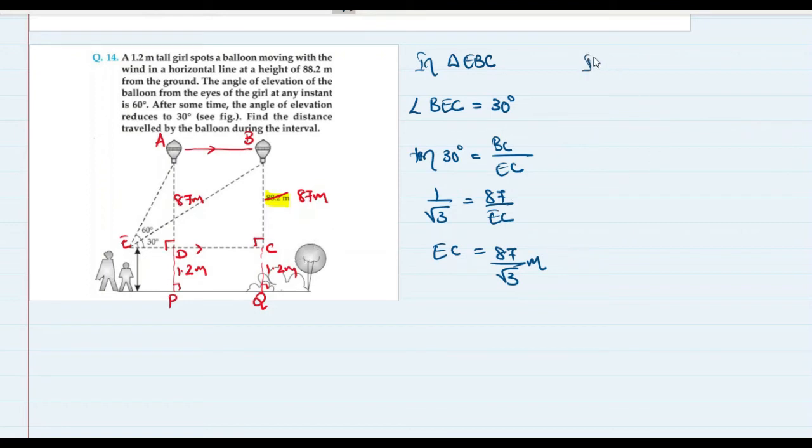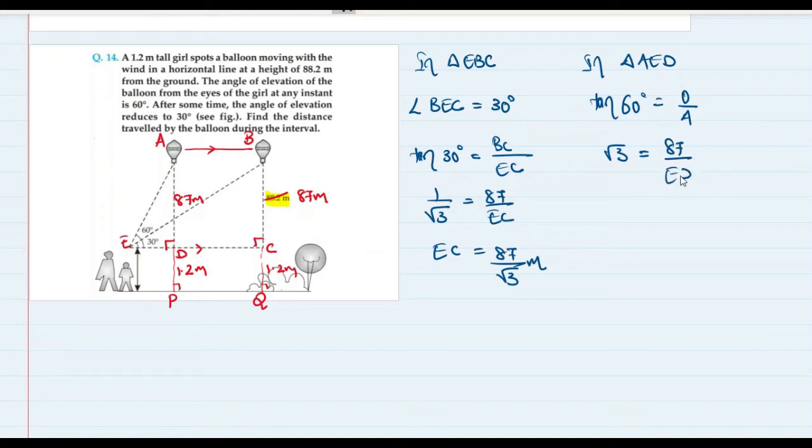Okay. Another triangle we'll consider, triangle AED. Do you see triangle AED? In triangle AED, we'll take tan of angle AED, which is 60 degree, which is opposite upon adjacent. Tan 60 is root 3. Opposite is AD, which is 87 upon adjacent.